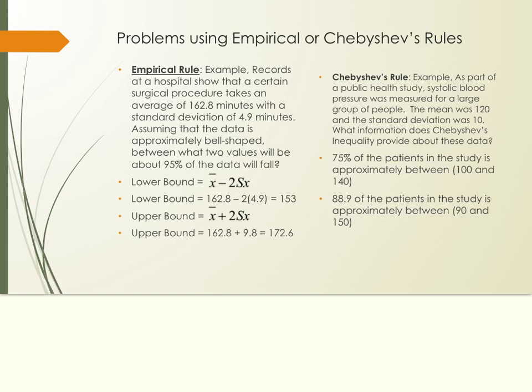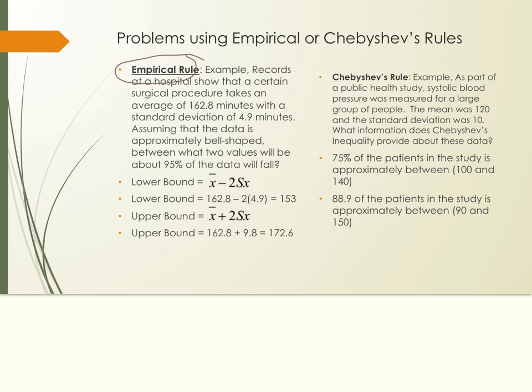So here are two examples using the empirical or Chebyshev's rules. We'll look at the empirical rule first. Example: records at a hospital show that a certain surgical procedure takes an average of 162.8 minutes with a standard deviation of 4.9 minutes.